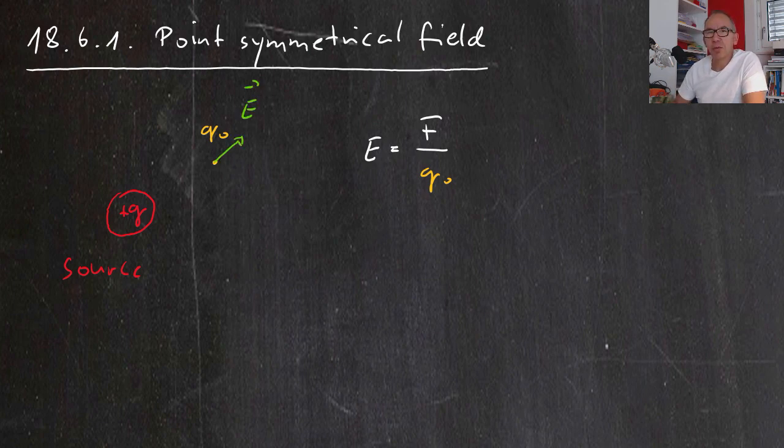Of course, we could do that at any position in the space. We could do it here and here and here. And if the spacing from the source to this test charge is equal all over, then the electric field has the equal strength.